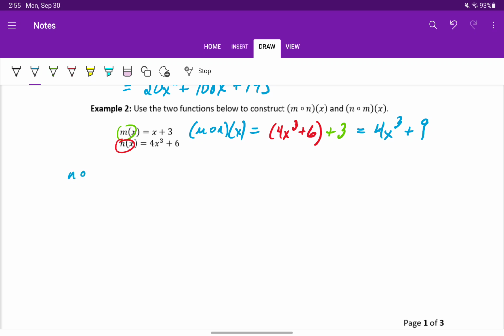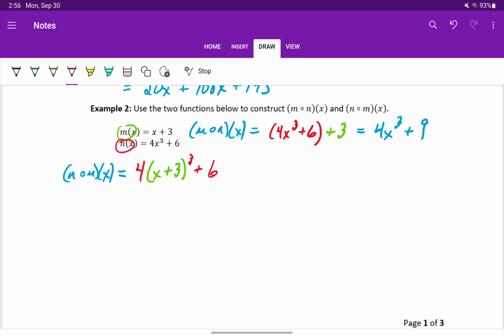Finding n of m of x is going to take a little more work. We'll start off with our function n and plug in our function m everywhere x occurs, meaning this will be 4 times x plus 3, that quantity cubed, plus 6.